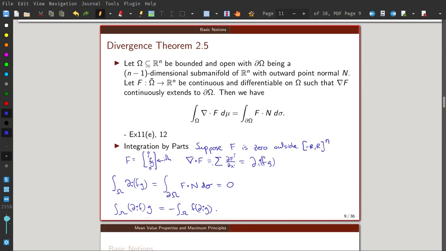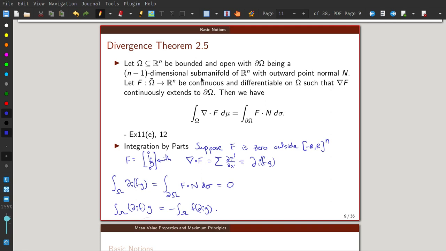One thing to note there is that the boundary of the box is technically not a submanifold, but there's a very easy generalization of the divergence theorem to sets which are the union of pieces which are submanifolds. If you look through the proof, you see that it's broken up into local statements anyway. So as long as every point of the boundary has a neighborhood that is a submanifold, then it's okay.